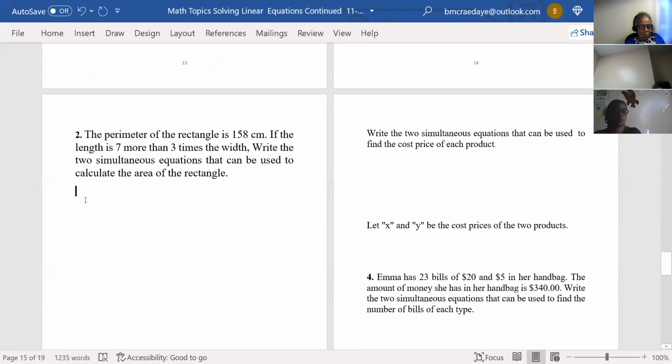The perimeter of a rectangle is 158 centimeters. Perimeter is... Okay, if you want to use L equal length and W equal width.